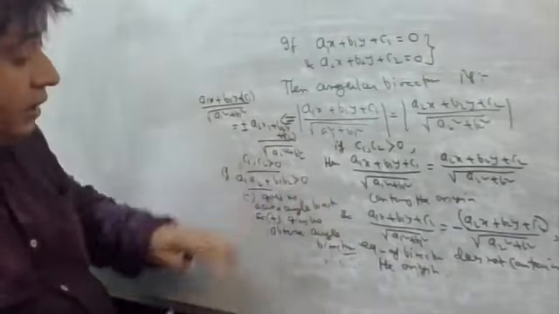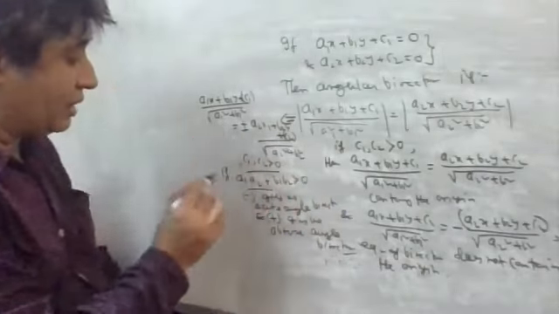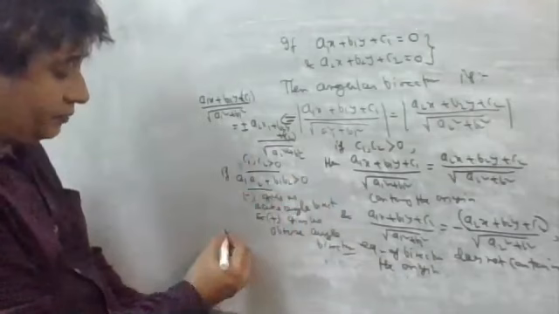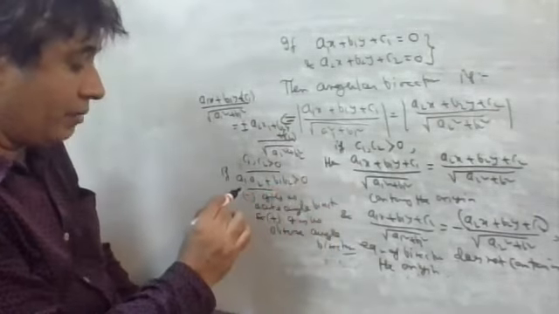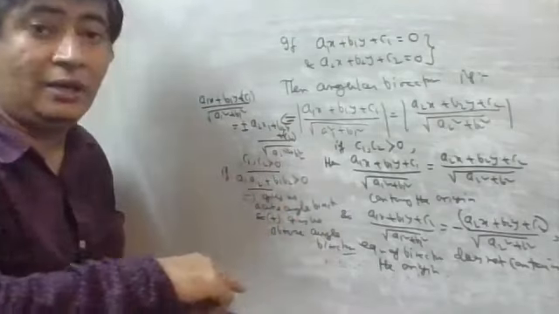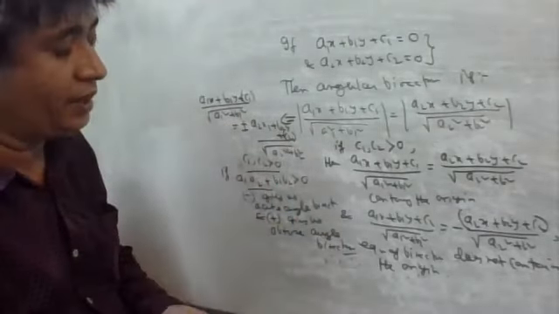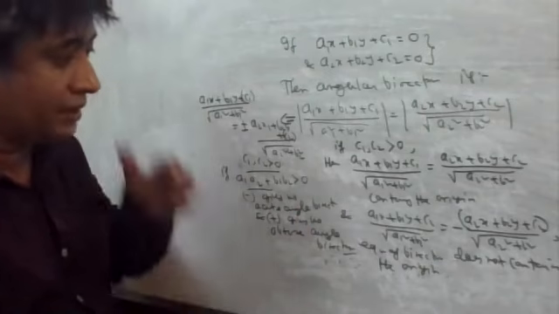Okay, and if C1C2 greater than 0 and A1A2 + B1B2 less than 0, then the minus sign will give you the obtuse angle bisector, and the plus sign will give you the acute angle bisector.